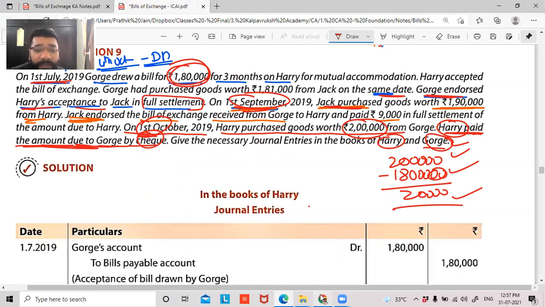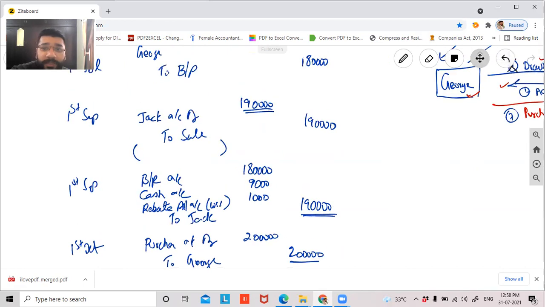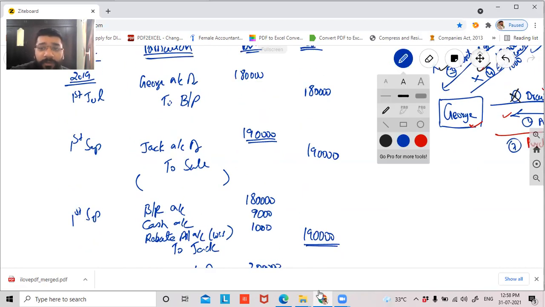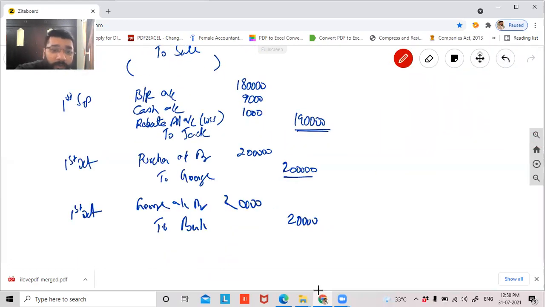Harry paid the money to Georgie by cheque. So to bank, we're paying 20,000 rupees, to Georgie. Georgie account debit 20,000 rupees. Now let's see whether Georgie's account is closed. Georgie account debit 1,80,000 and debit 20,000, so total is 2 lakh debit, and here 2 lakh credit. So Georgie's account is closed. Is the concept clear, guys?